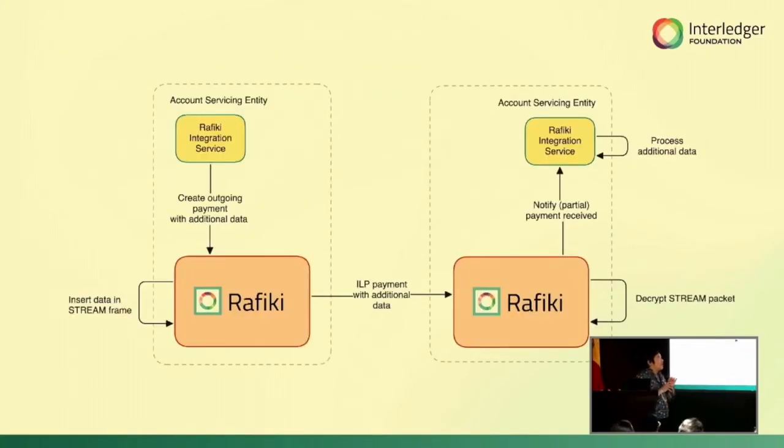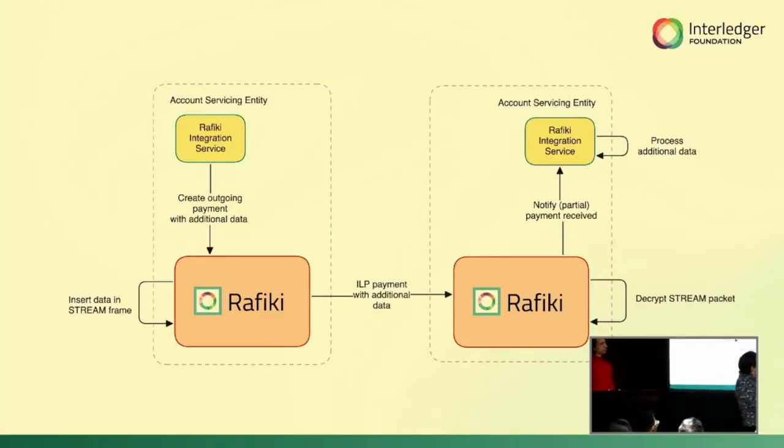So when we take a look at how an ILP payment is sent across Stream with this encrypted data in mind, it looks pretty much the same. The only real difference is that here we take a step to actually insert the data into the frame inside the ILP packet.